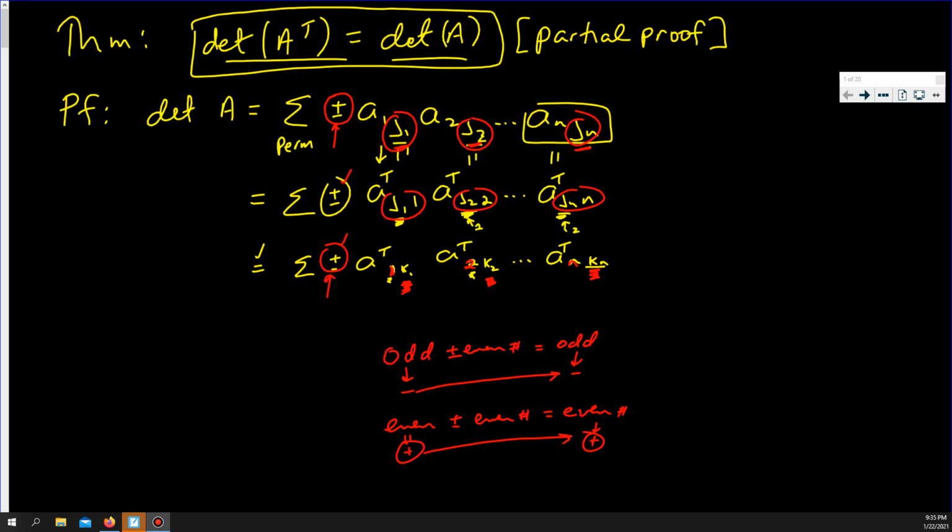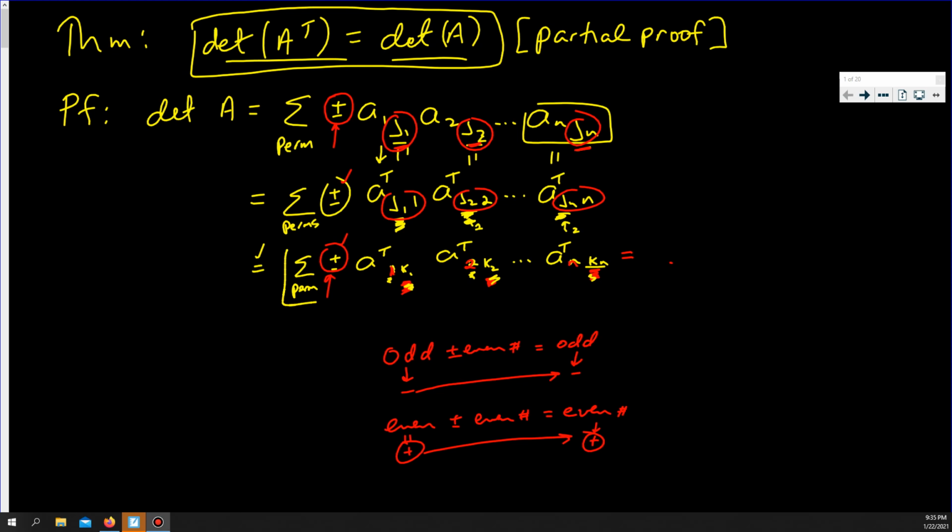That is, these signs don't change. Now, one last statement. This last line, I really don't need plus minus anymore. Of course, all of this is under the permutation of the J's, and here is a summation of all the K's.